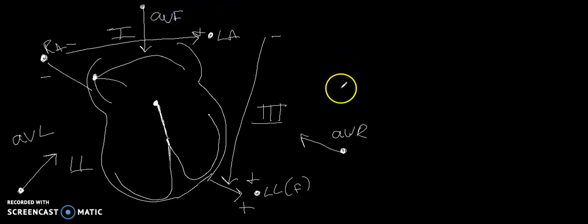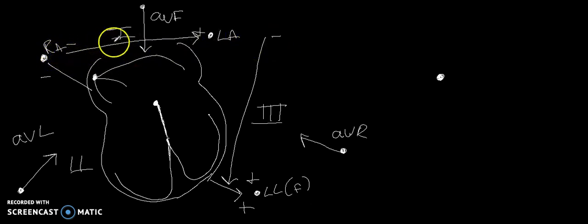Now, this is all well and good. What it especially does, because these are just vectors, these are just mathematical electrical concepts, we can redraw them. Okay? We can redraw them at the center of the heart. So what I'm going to do is click and drag these leads.